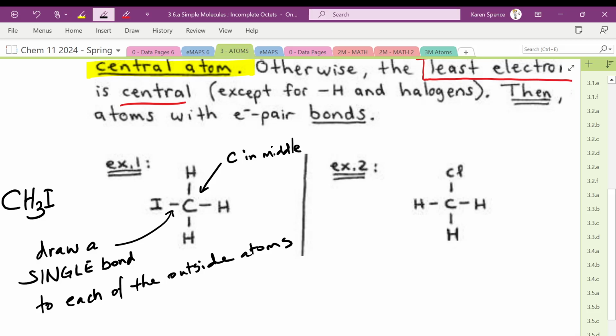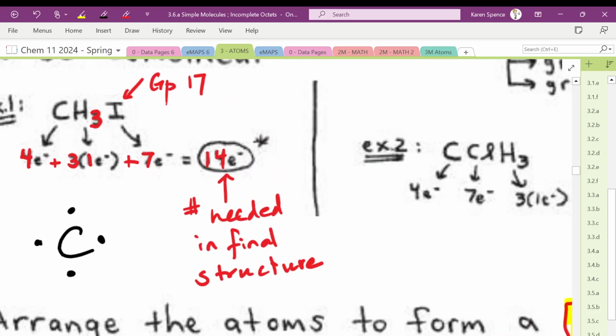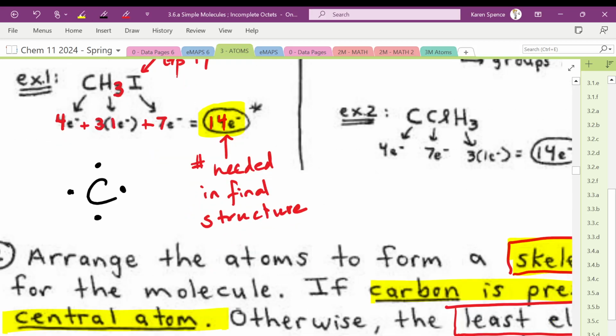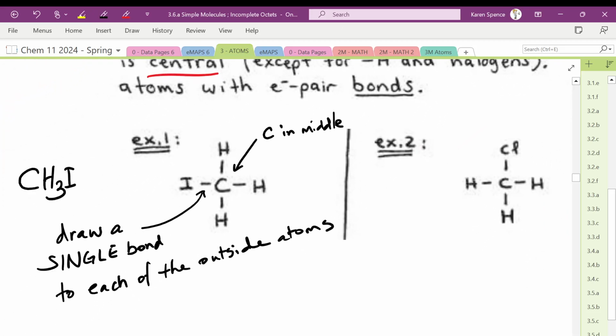Now let's remind ourselves, how many valence electrons do we have to work with? We have 14 valence electrons to work with. How many valence electrons have we used so far? 8. We have used 2, 4, 6, 8, because each bond is 2 electrons.